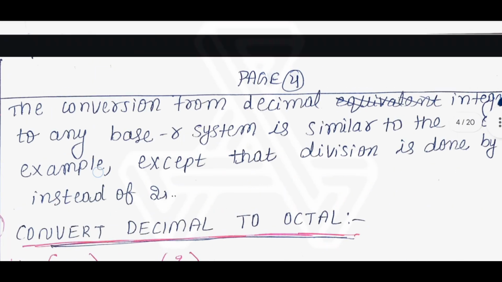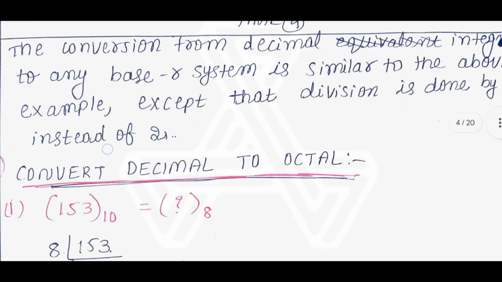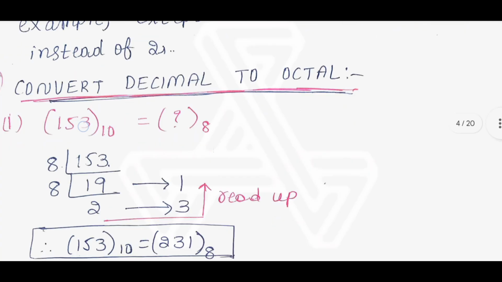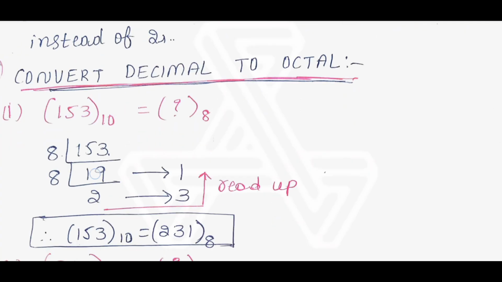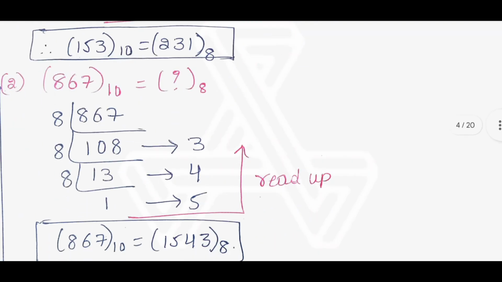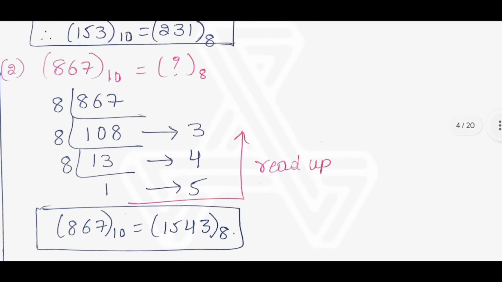The conversion from decimal to any base R system is similar to the above example. 8 1 3, so that is 2 3 1 to the base 8. 8 6 7.